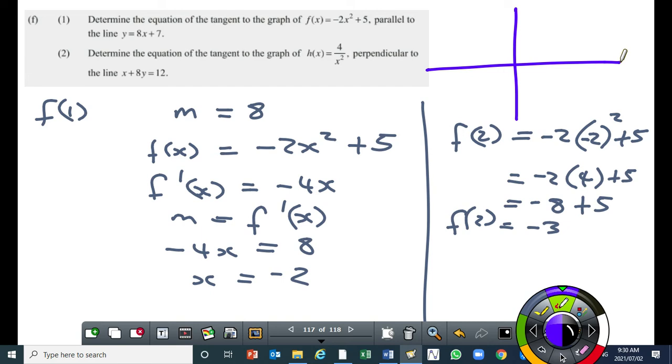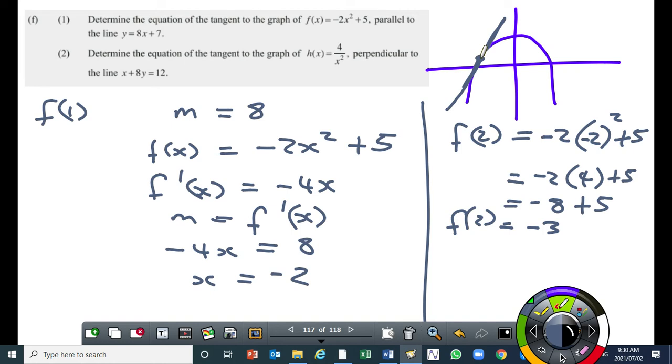It's got a y-intercept at 5, so it looks something like that. So we are saying if the gradient is 8, maybe it could be somewhere here. So we have a tangent there, like that. So we need to know what is the value of x here, and what is the value of y here?